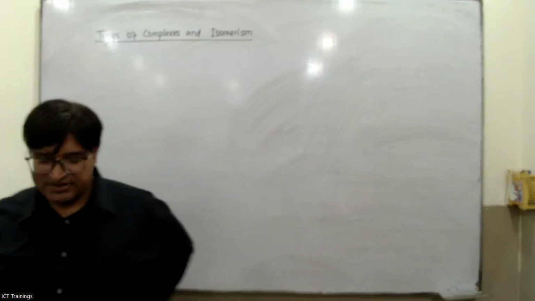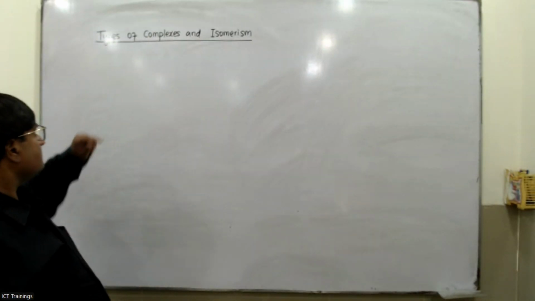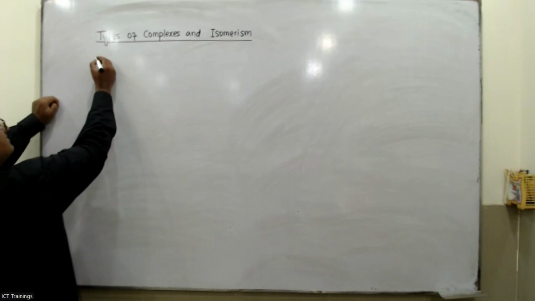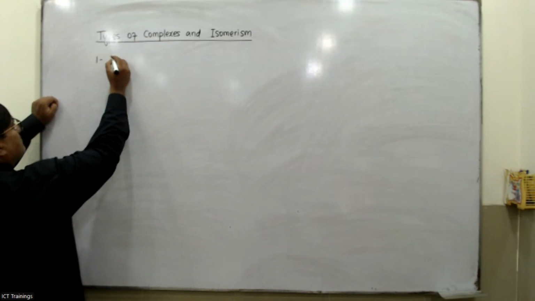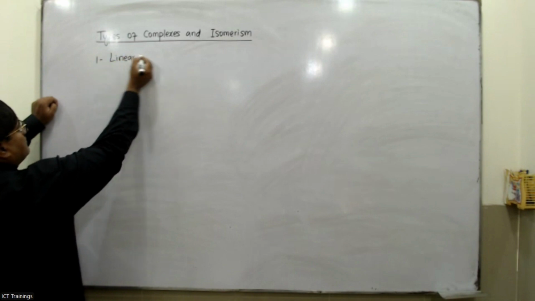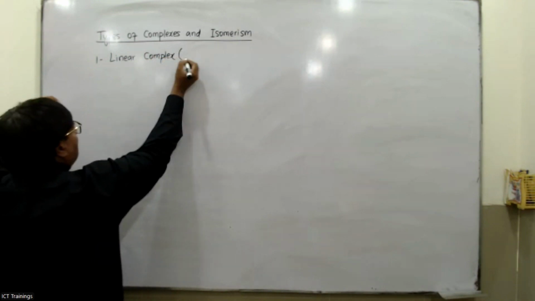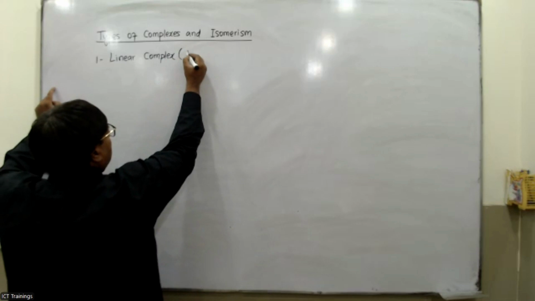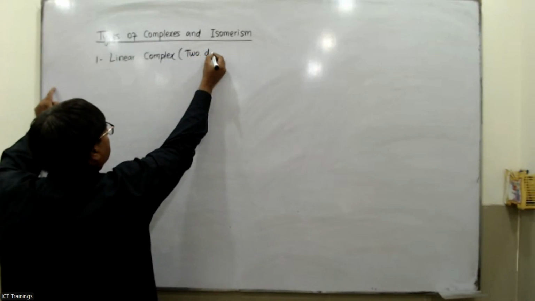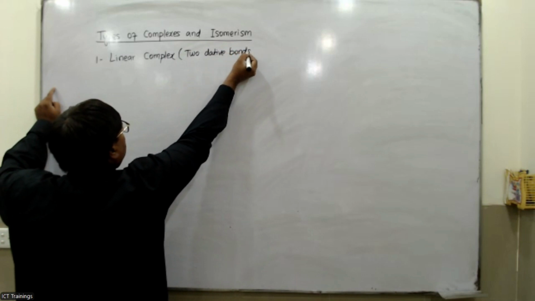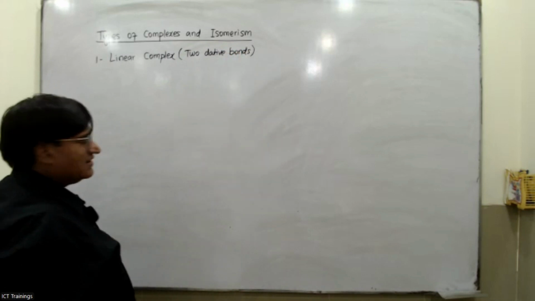So the first thing up here, there are types of the complexes. The first one is called the linear complex. In the linear complex, two dative bonds are present with the central metal ion.